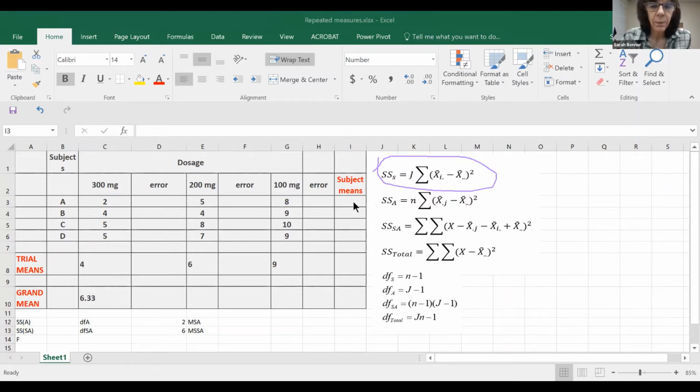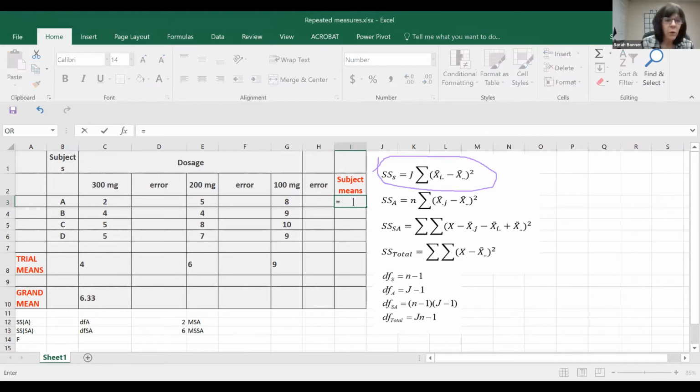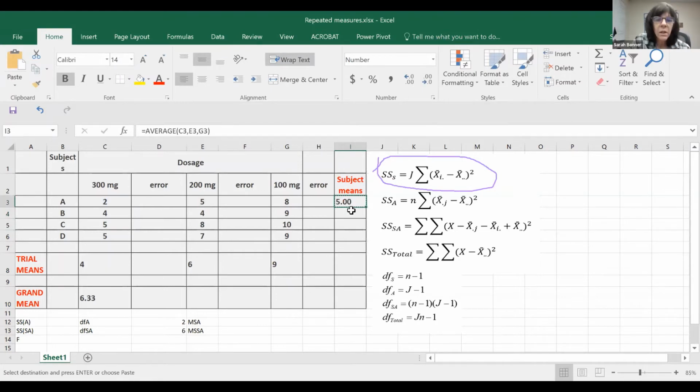And so we're going to put this in. The subject mean for the first person is this individual score, and so on. And here are their means.